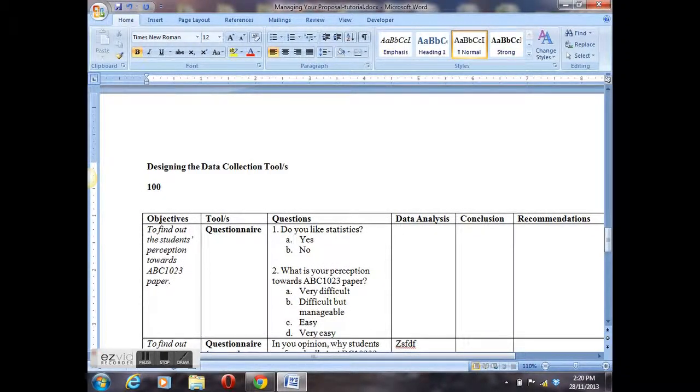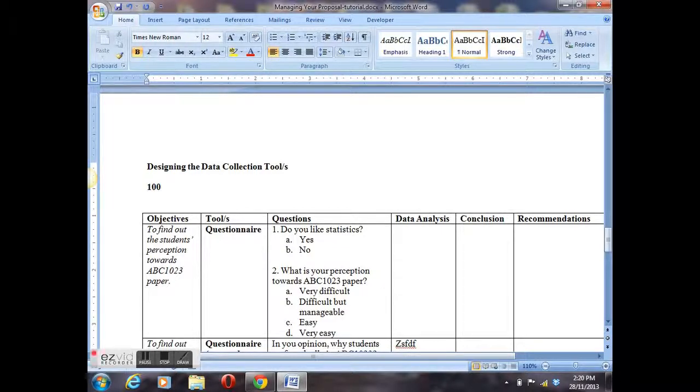We want to compare between male and female. Remember last time I mentioned to you, when you design your items, especially for the respondents' background, we have to think how we are going to use the information provided by our respondents.